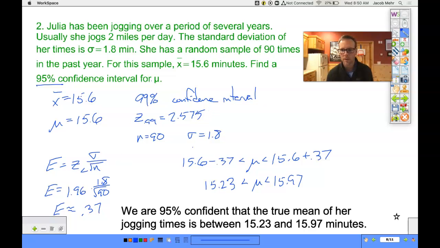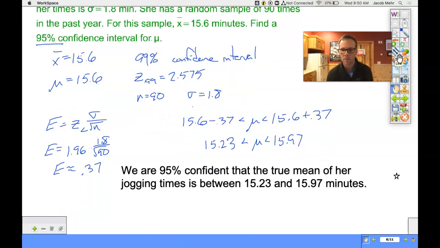So that means when we calculate our error, the only thing that switches is this 2.575, and we just made that bigger. So what's going to happen to our area if we increase that critical z-score? That's going to make the error larger. Okay, now the error is 0.49.